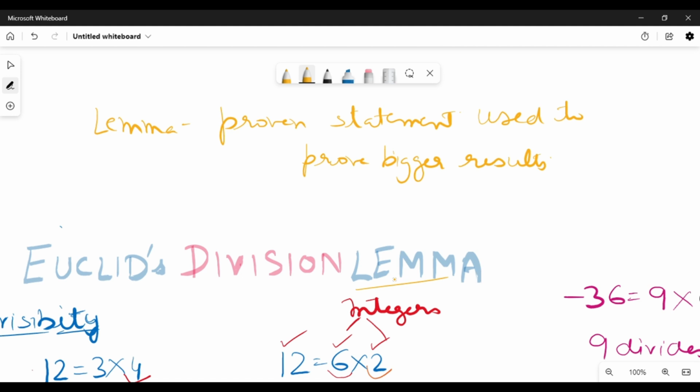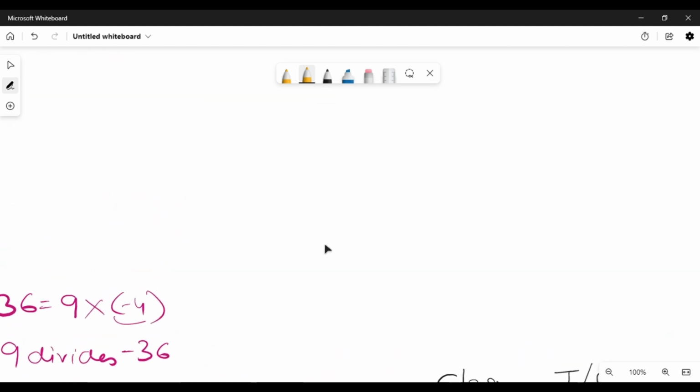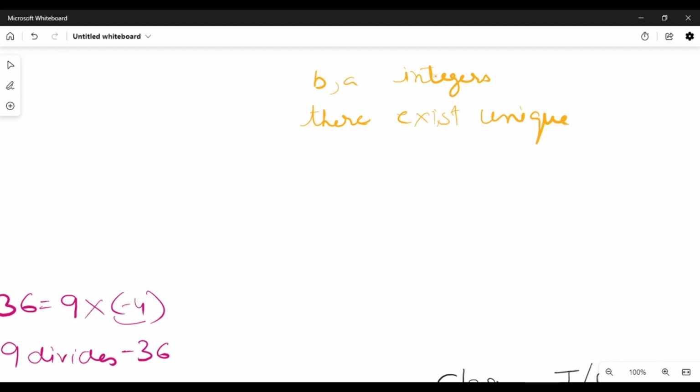Now what is Euclid's division lemma? Let us discuss it in detail. Euclid division lemma states that if there are two integers b and a, then there exist unique integers.